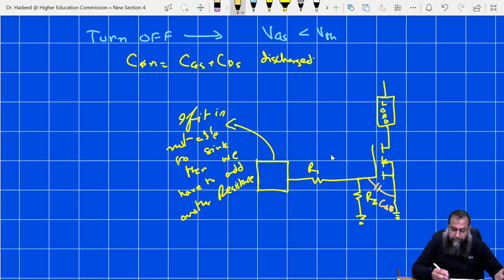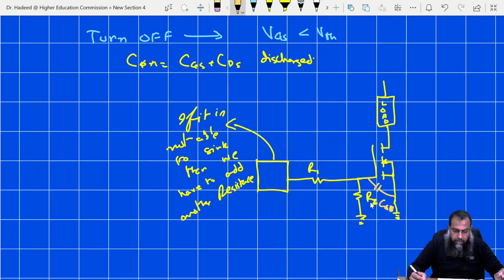Remember that the other capacitance, which is the drain to source, is not of very significant importance, although it does play a role in defining the turning on characteristics of a MOSFET. But right now, we need to discharge this capacitor effectively to turn off this MOSFET. And for that, we have installed another resistance, which is R2.